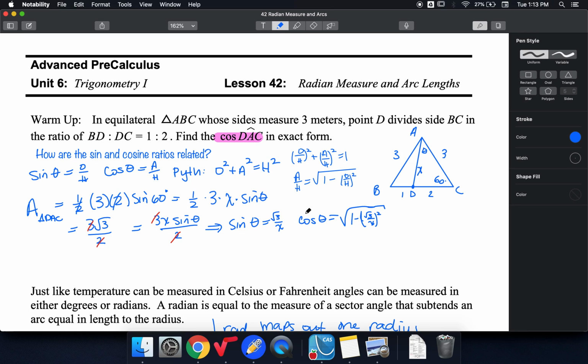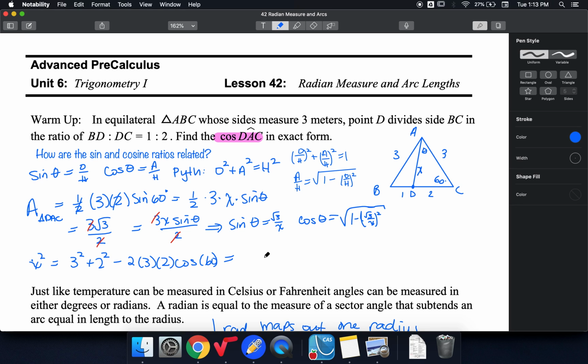Well, I know that cosine theta also appears in the cosine rule. So I could either set up my cosine rule with my cos theta here, or I could set up the cosine rule with my 60-degree angle and say that x squared is equal to 3 squared plus 2 squared minus 2 times 3 times 2 cosine of 60.